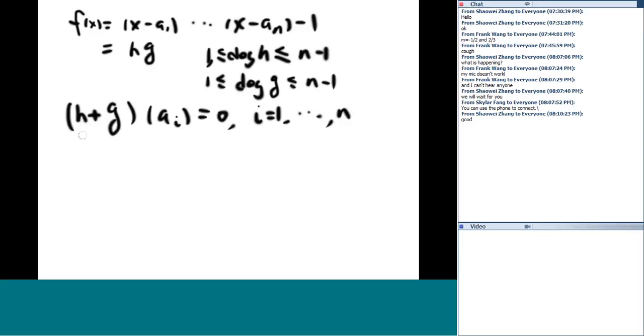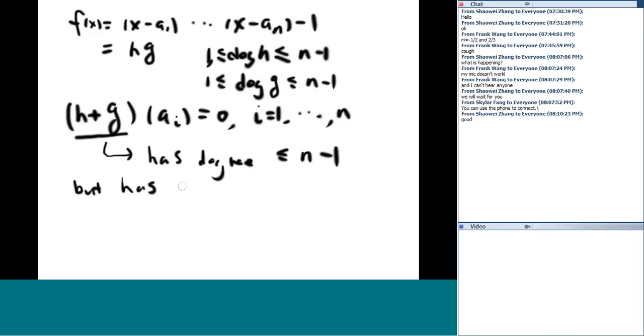h plus g has degree at most n minus 1, but has a1 to an as roots. So a polynomial with degree at most n minus 1 has n different roots.